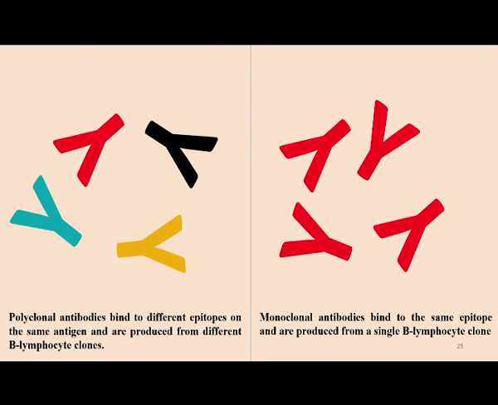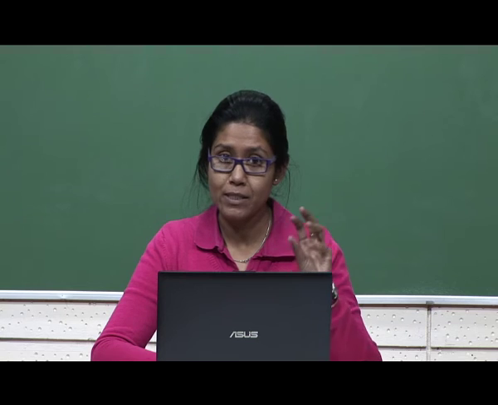So, in our body, when antibodies are produced against viruses, it is always polyclonal, which means different clones of B cells are producing these antibodies. Whereas for therapeutic purposes, it may be necessary to produce monoclonal antibodies.